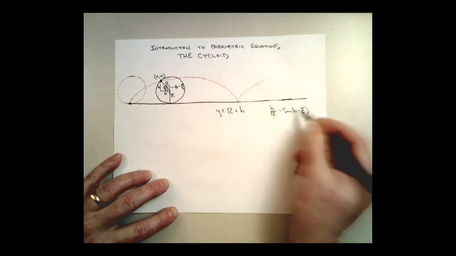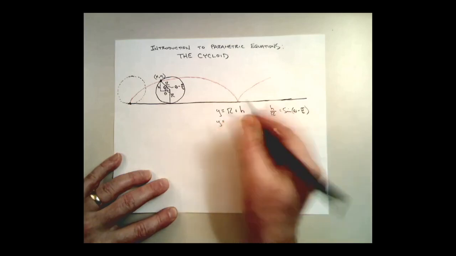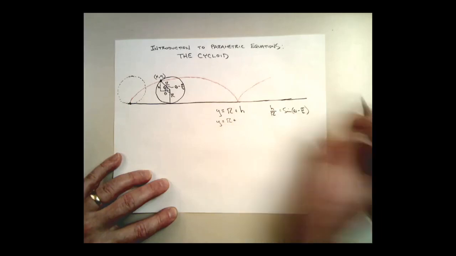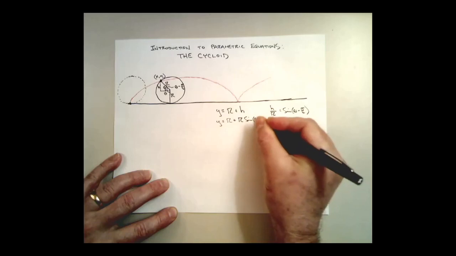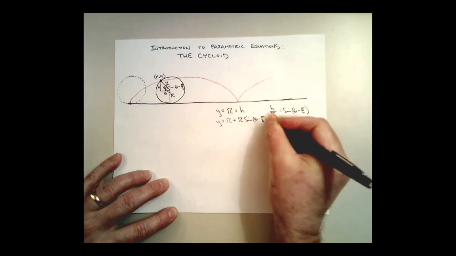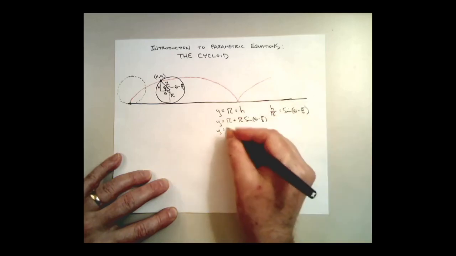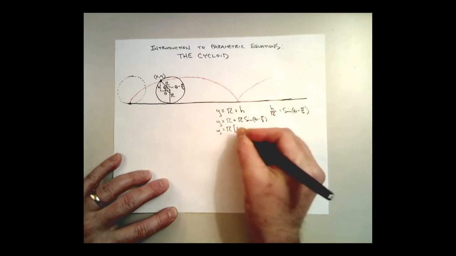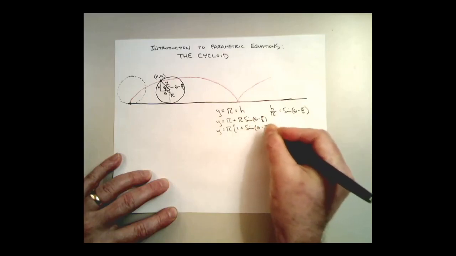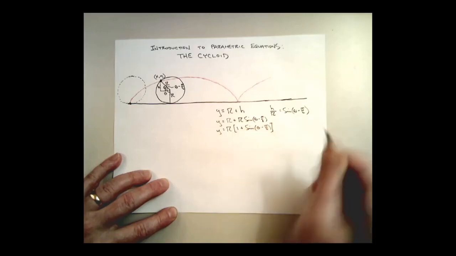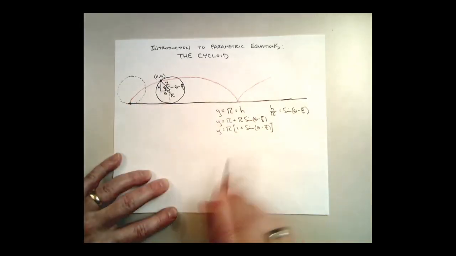And that makes h equal to r times the sine of theta minus pi over 2. So we have y equal to r plus r times the sine of theta minus pi over 2. If you wanted to, we could re-express that by factoring r out: r times 1 plus the sine of theta minus pi over 2. Great, we're halfway there. We have a description for y in terms of theta.